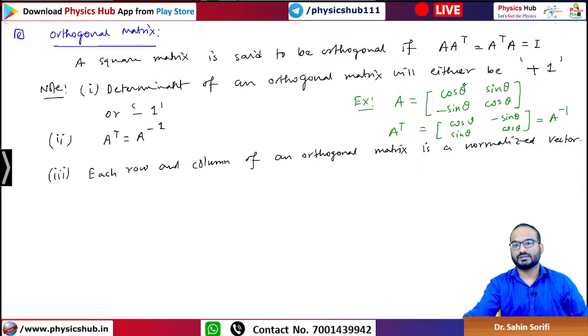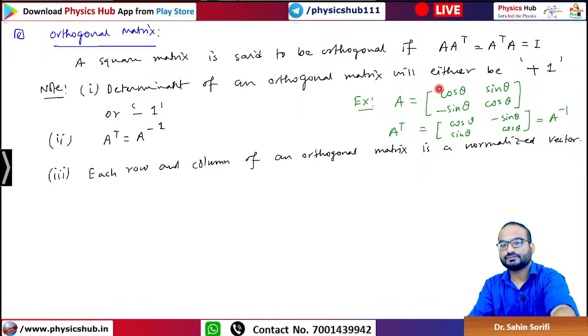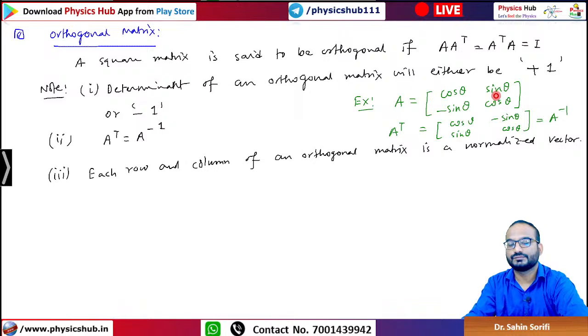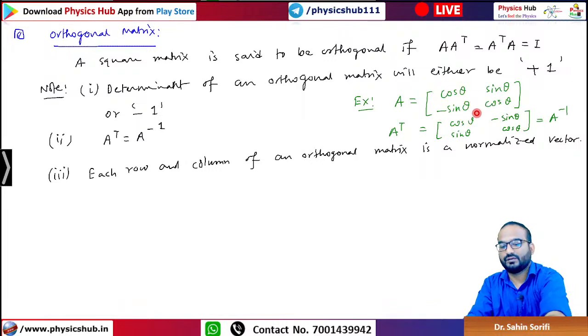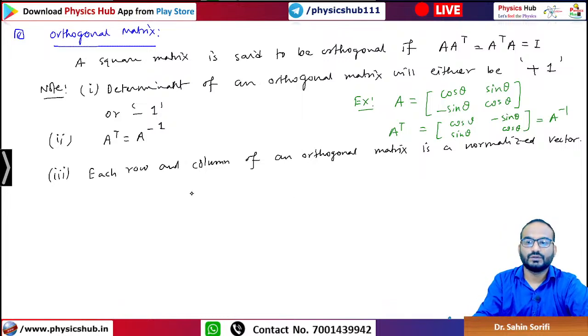So if you consider this row, cos theta sin theta, cos square theta plus sin square theta is 1. If you consider this column, cos theta minus sin theta, cos square theta plus sin square theta is again 1. So each row and column is a normalized vector.